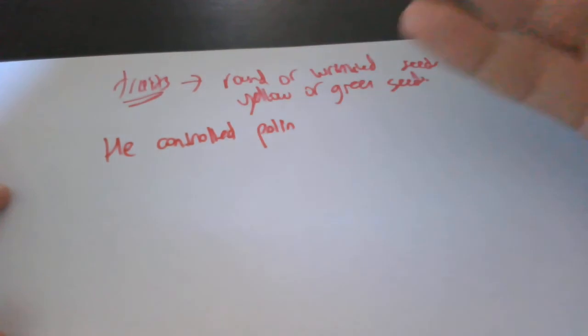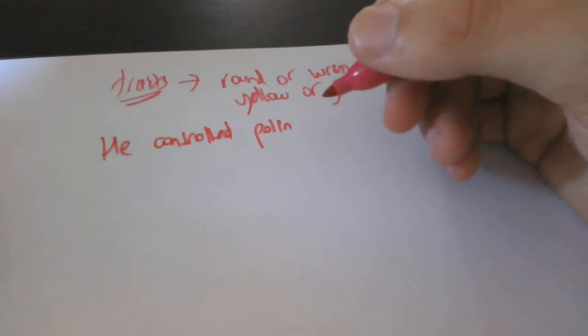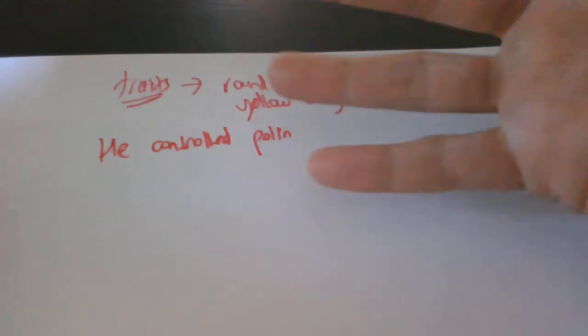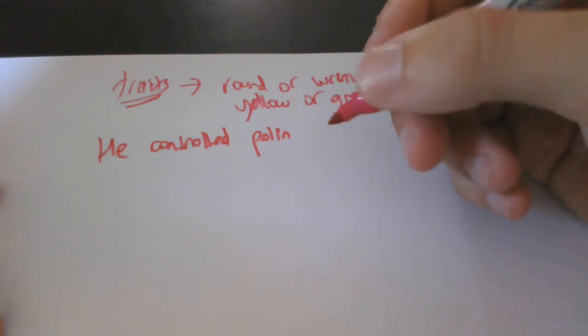Basically, he was able to control the pollination of each plant, either by self-pollinating or cross-pollinating. Let me explain that. Pollination means to allow for the process of fertilization to occur, so to deposit pollen on plants. If you've watched the Bee Movie, bees are responsible for pollinating plants, flowers.